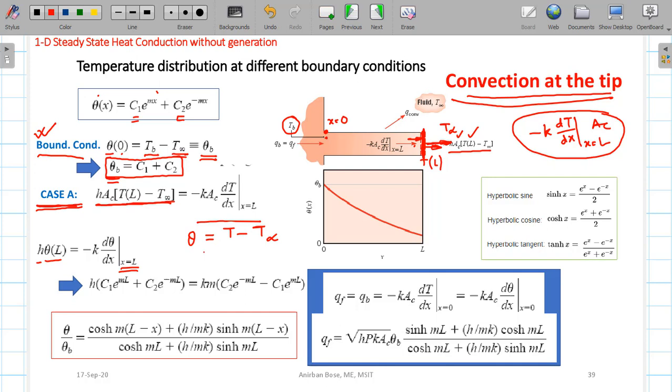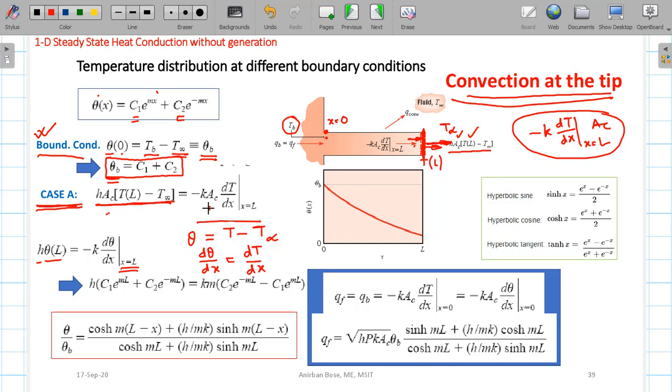So if you simply differentiate theta with respect to x, you will get nothing but dT/dx. So d theta/dx and dT/dx are all the same. So dT/dx at x is equal to L is the same as d theta/dx at x is equal to L. Ac will cancel from both sides.